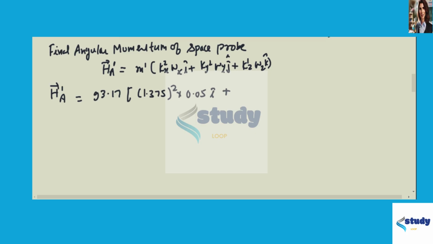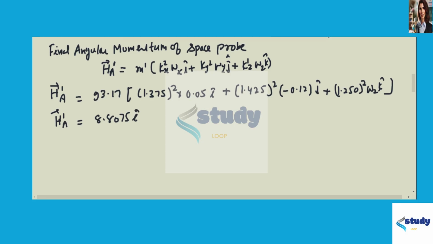Plus ky 1.425 whole square, minus 0.12 j cap, plus 1.250 square omega z k cap. So this can be written as 8.8075 i cap minus 22.703 j cap plus 145.58 omega z k cap.